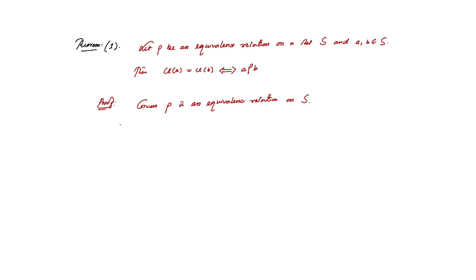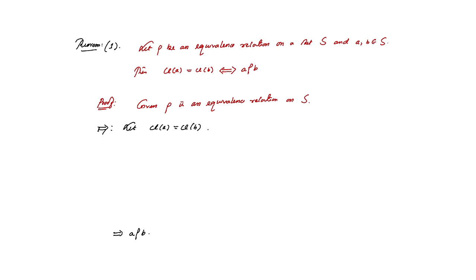First we assume that class A equals class B, and from this we prove A is related to B. So how will we prove that side? If we consider class A equals class B, that means A is related to B.